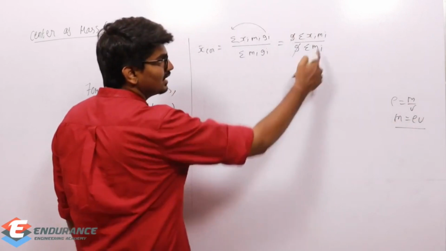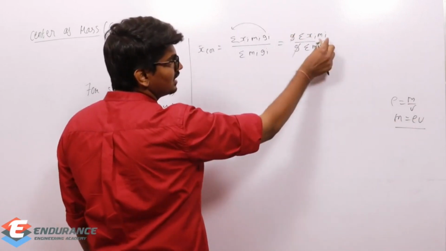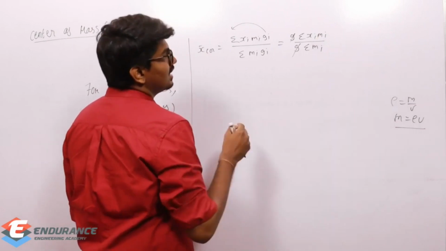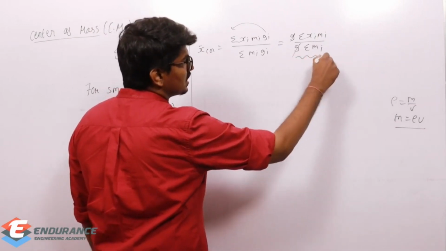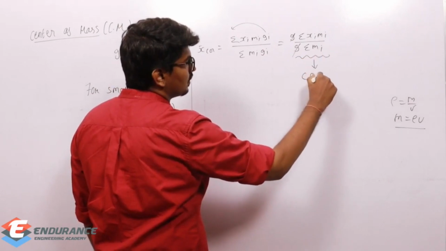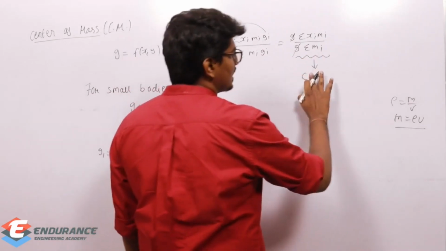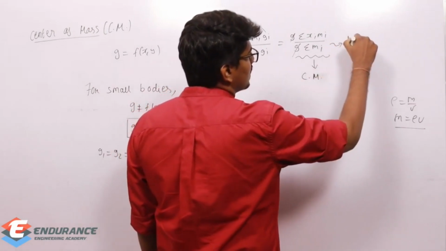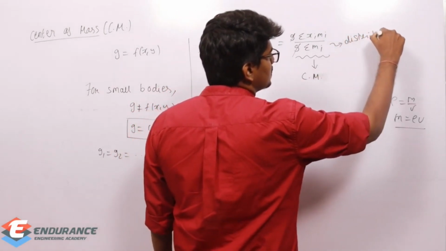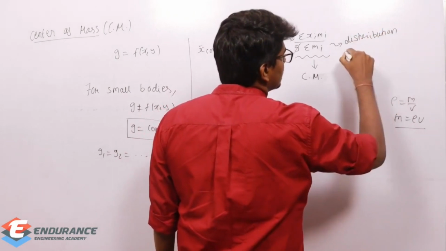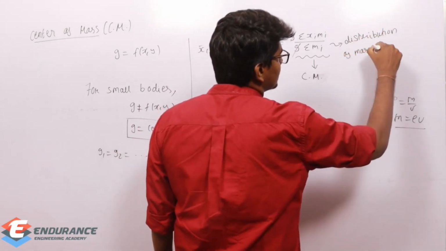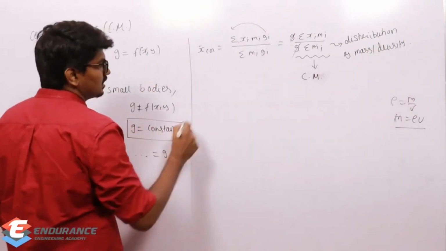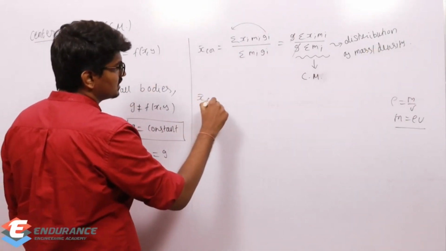So this is representing either the distribution of mass or the distribution of density, and this distribution is called center of mass, or simply cm. Center of mass is representing the distribution of mass or density.